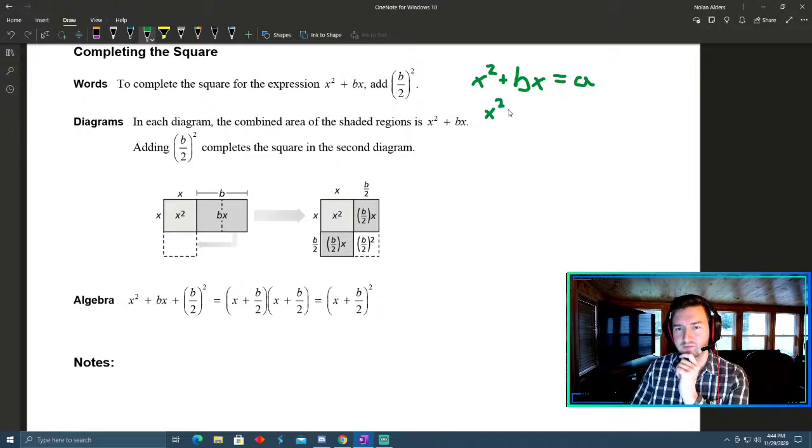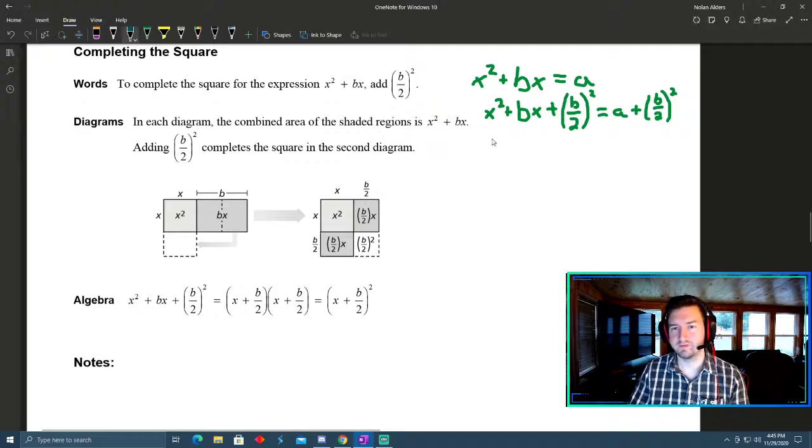So if we write x squared plus bx, and b is just a number, but if we add on to that b over 2 squared, if we add that to both sides, so we would add it over here on the right as well, a plus whatever b over 2 squared is, then it forms a perfect square on the left.